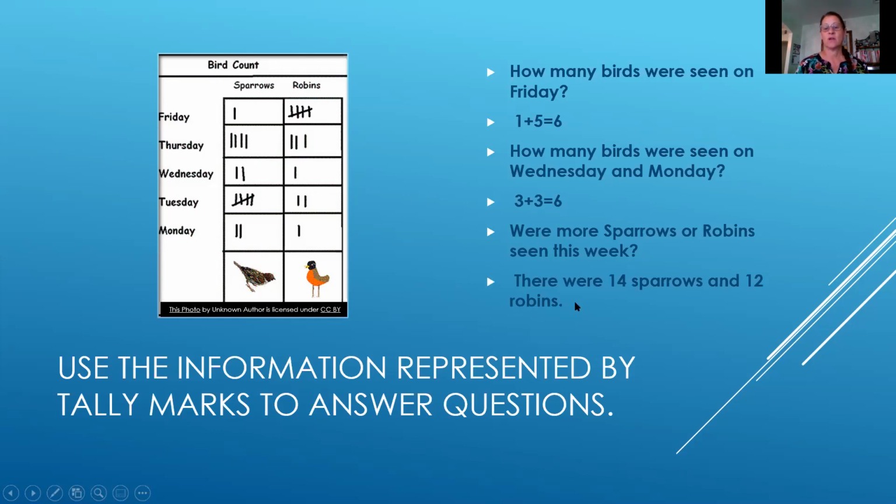And now we know there were 14 sparrows and 12 robins. So were there more sparrows or robins seen this week? Well, we know by counting our tally marks, there were definitely more sparrows.